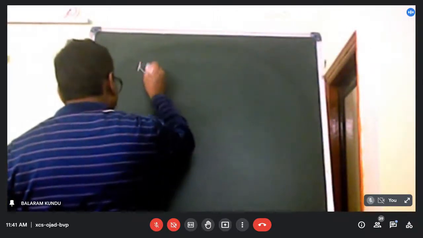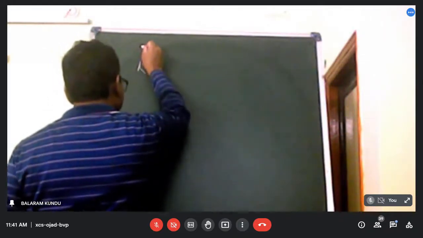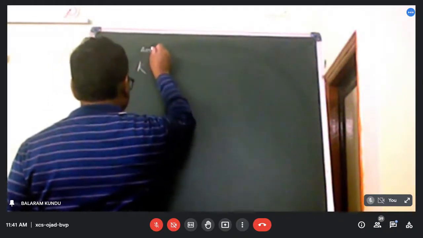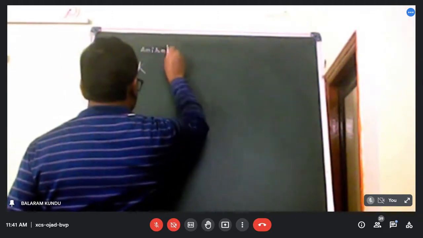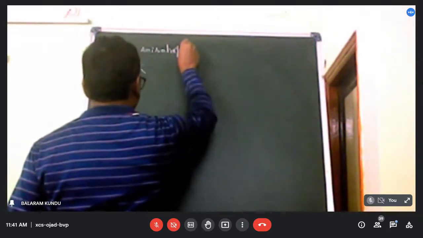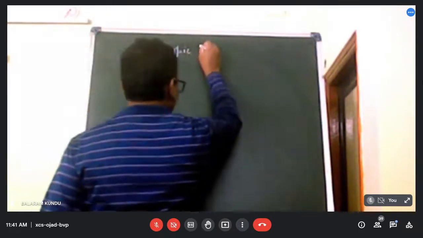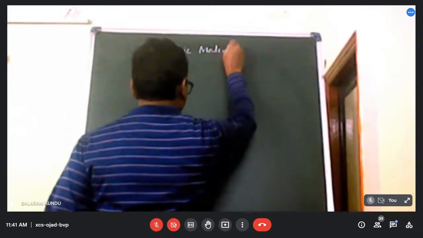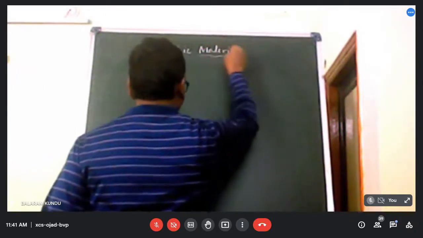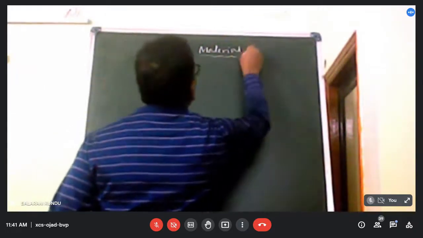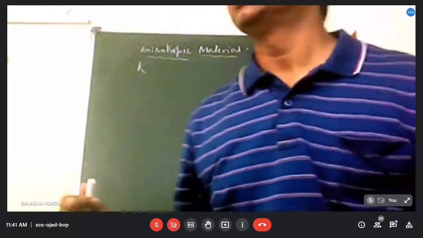Before that, I want to explain here what K is for anisotropic material. This is anisotropic material. So K is there. How does this K depend on the direction of heat transfer?